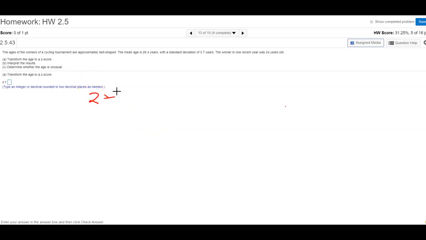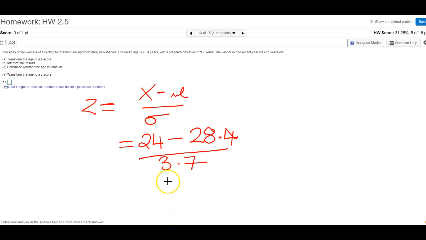Z-score is X minus mu over standard deviation. All right, so I somehow got it fixed.